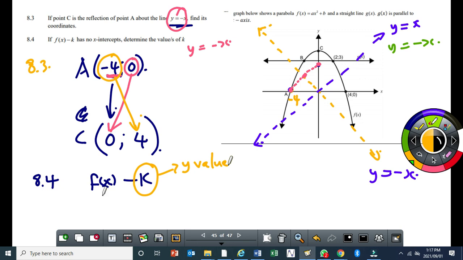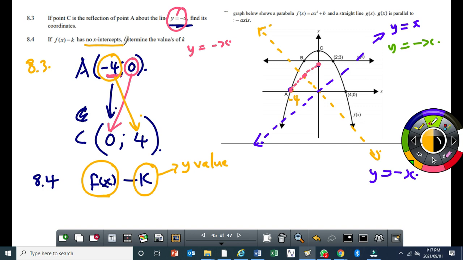And f of x is y. So we are subtracting two y values. This is our main function. We subtract k from it. But the question is saying if f of x minus k has no x-intercepts, which means f of x minus k is a new graph that has no x-intercepts.